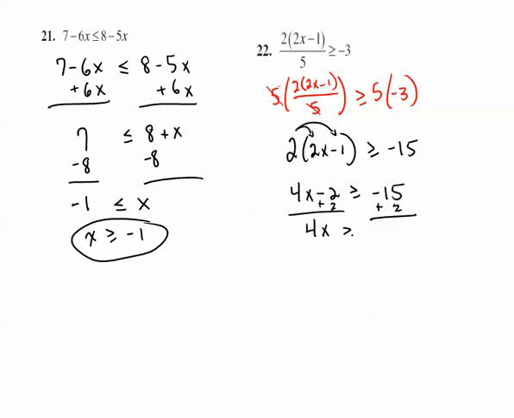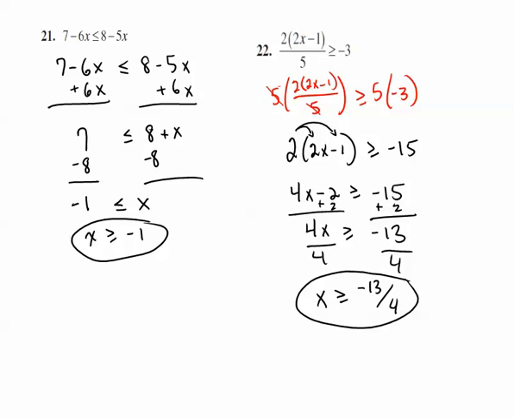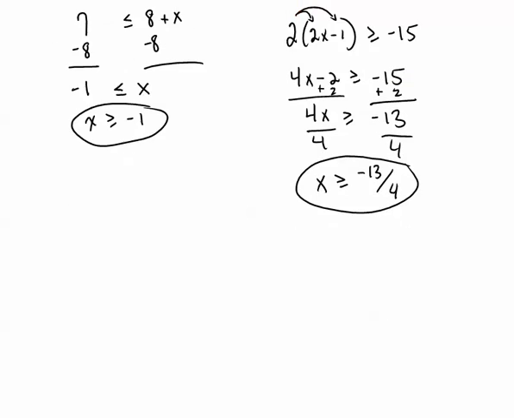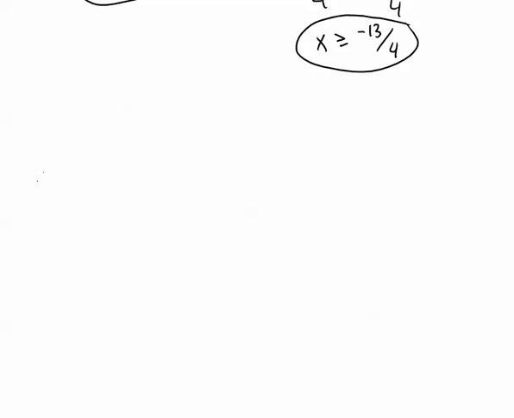And we'll have 4x is greater than or equal to negative 13, divided by 4. And x is greater than or equal to negative 13 over 4. So that does it for problem number 22. We'll scroll down to work on the next ones.